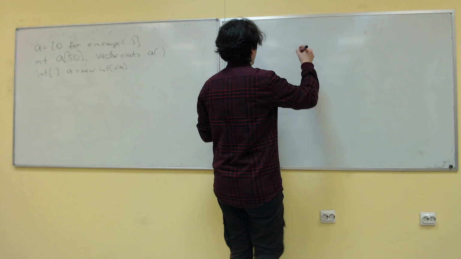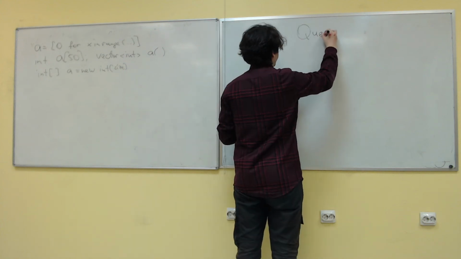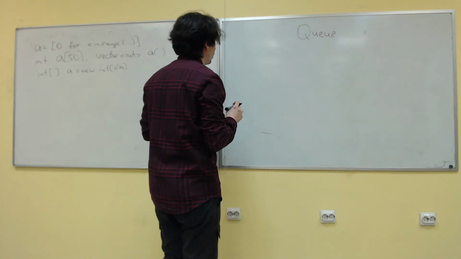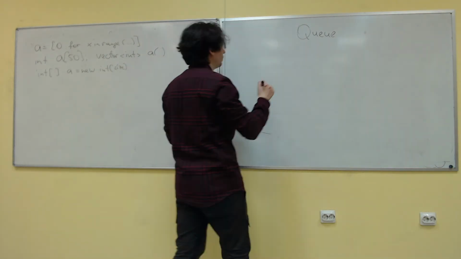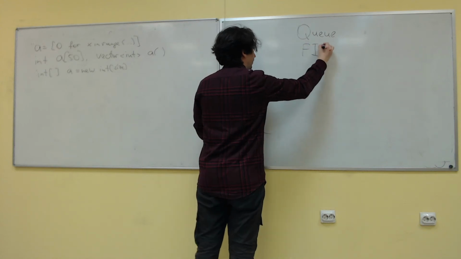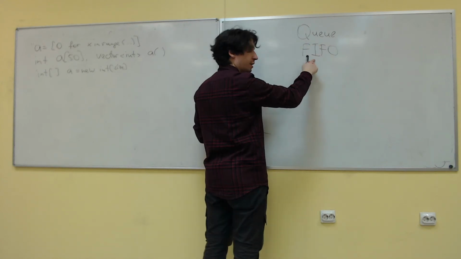Okay, now we are talking about queue. So queue is a data structure with FIFO type. It is first in, first out.